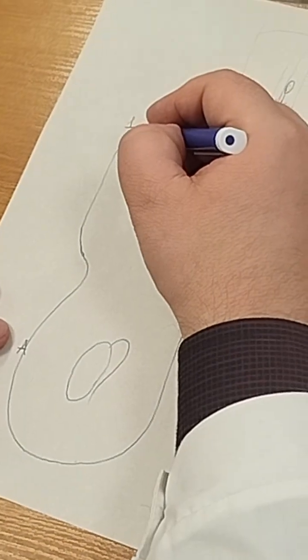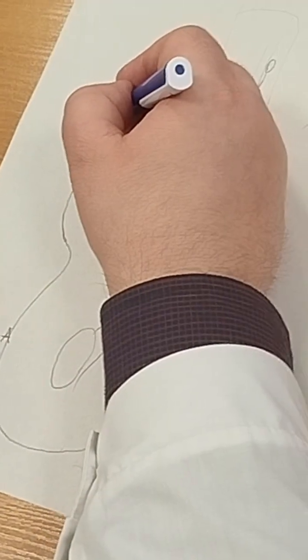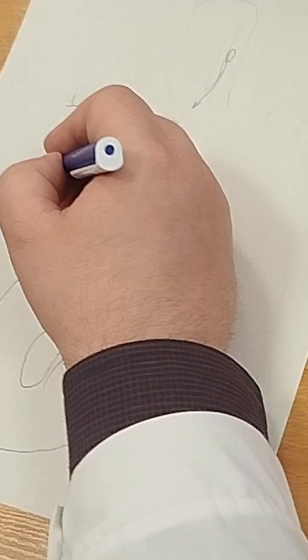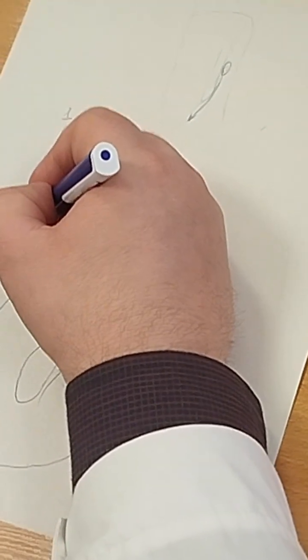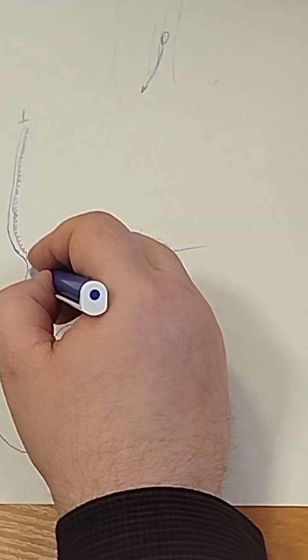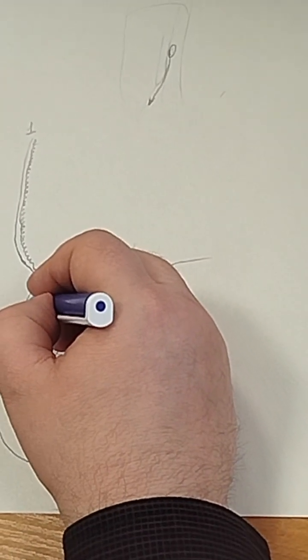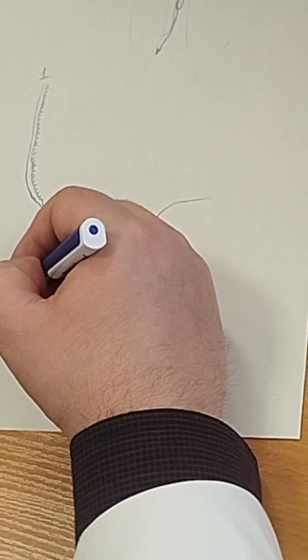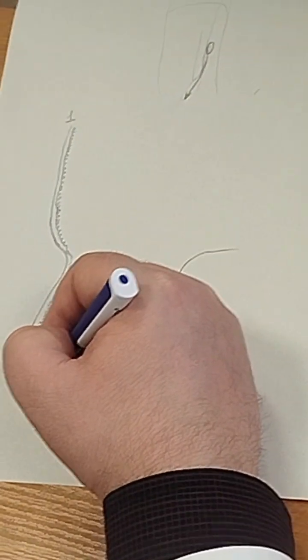What is under the skin on the anterior abdominal wall? Tell me, please. What is under the skin? Fat, subcutaneous fat. And subcutaneous fat continues into the scrotum, into subcutaneous connective tissue, which has smooth muscular fibers.